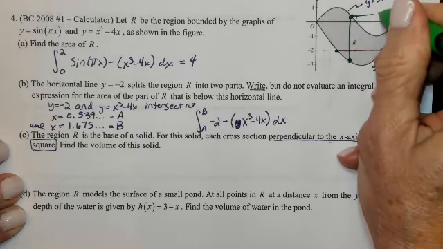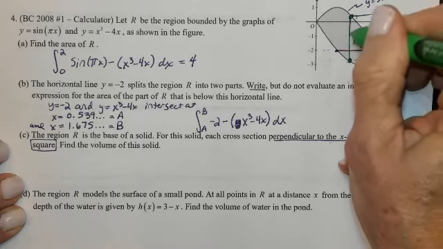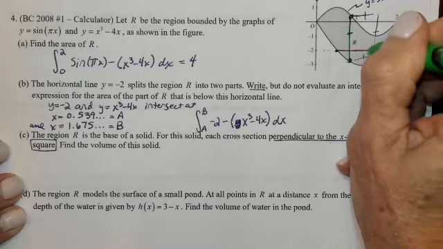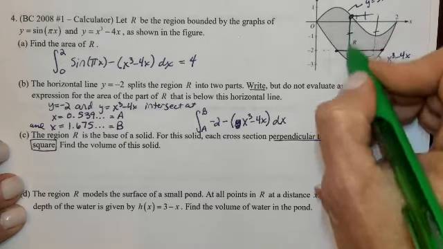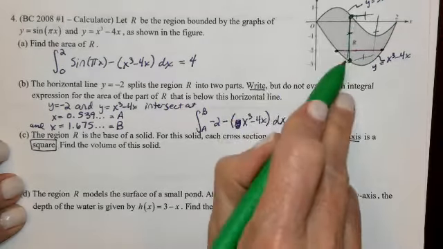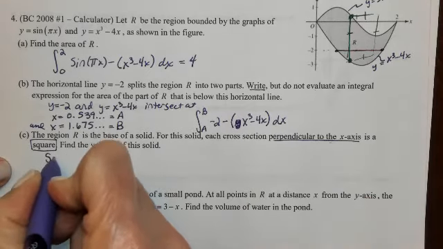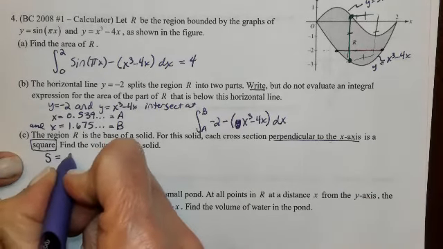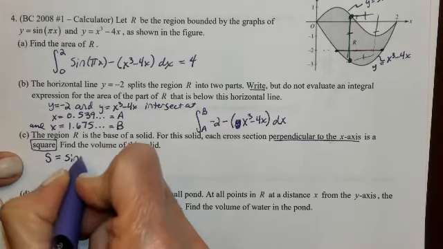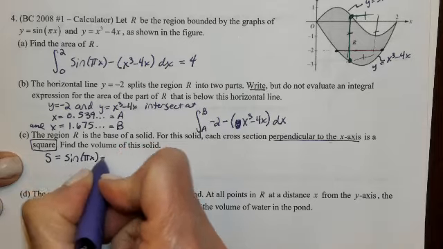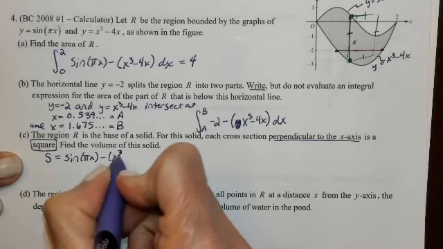Coming up out of the page, it's a square. So I need the length of that. It's just the top curve minus the bottom curve. So each side of the square is going to be the top curve minus the bottom curve. Use parentheses.